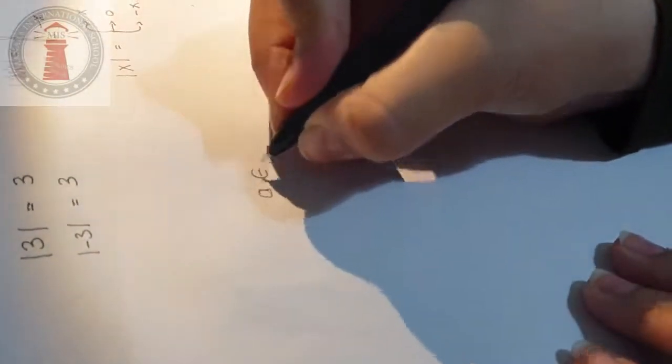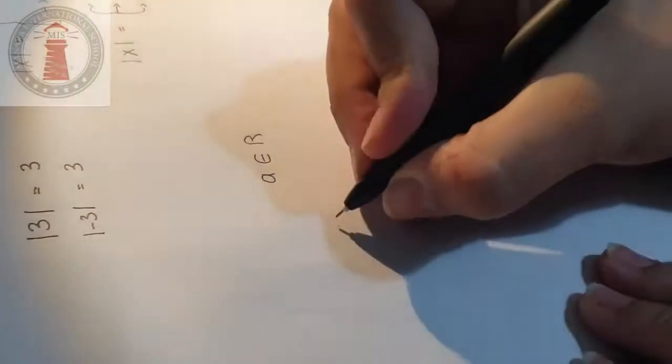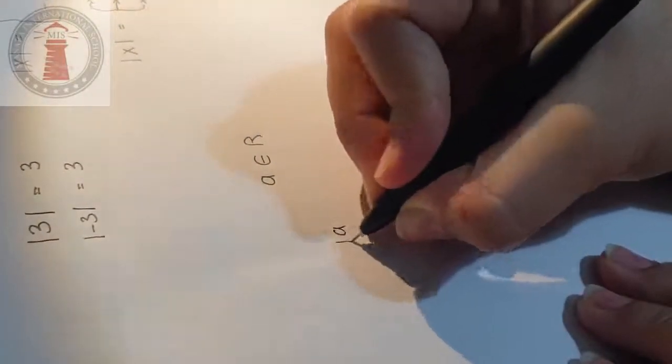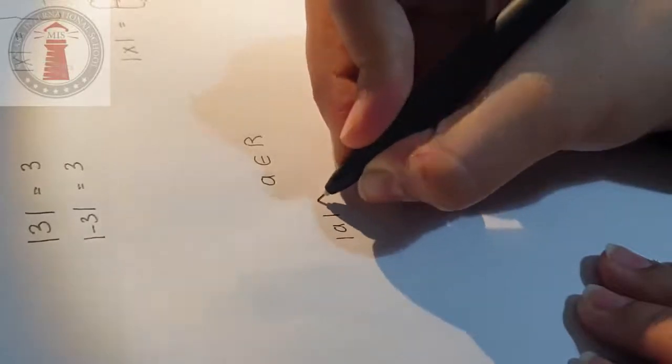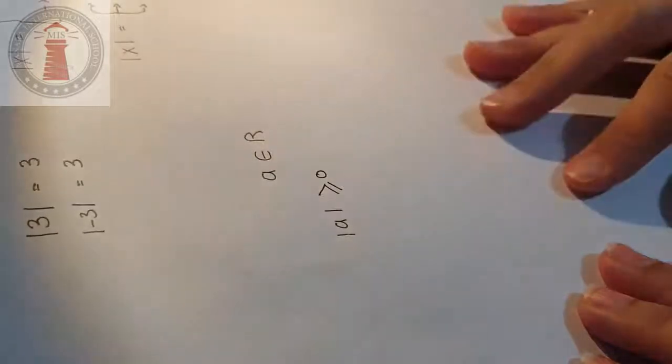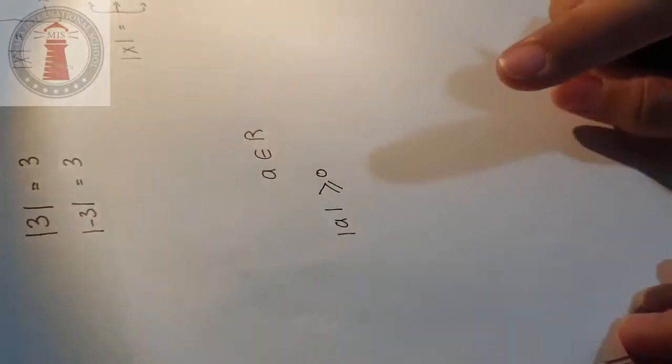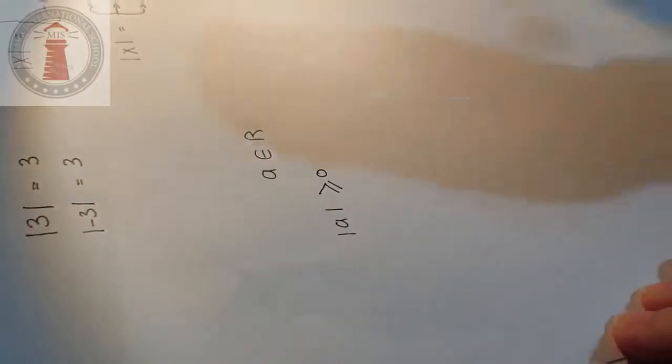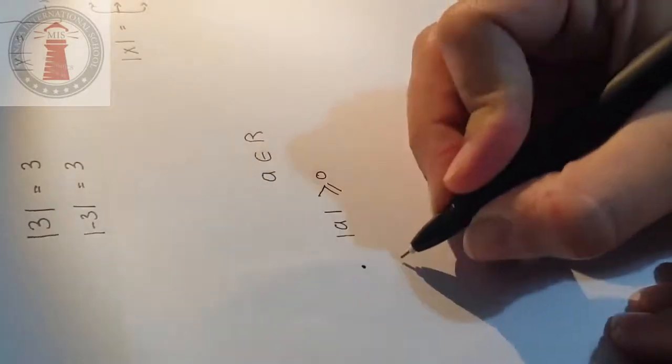Okay, a is a real number. I'm just going to write it as a is a real number. That's the first thing. Now, the absolute value of a is always greater than or equal to 0. Now I'm talking about the absolute value of a, not a itself. Okay, now let's say that this is our first property.